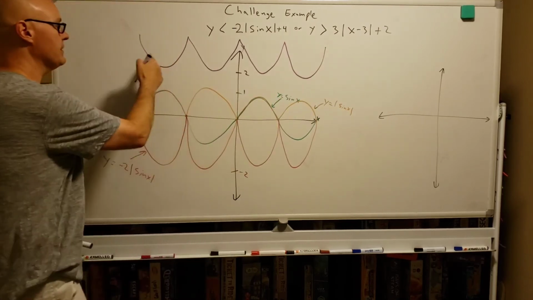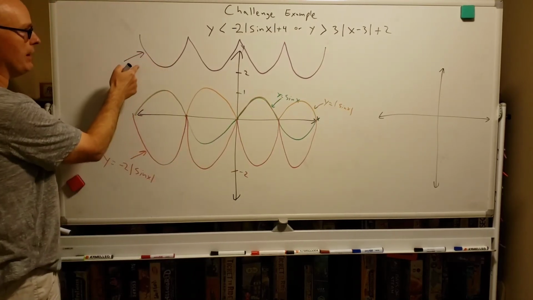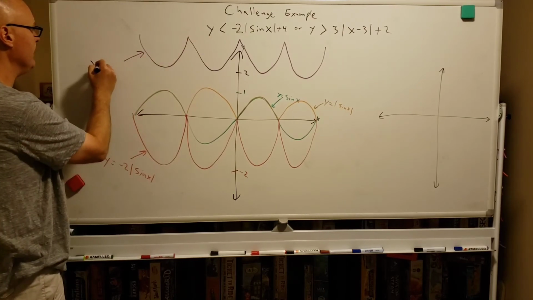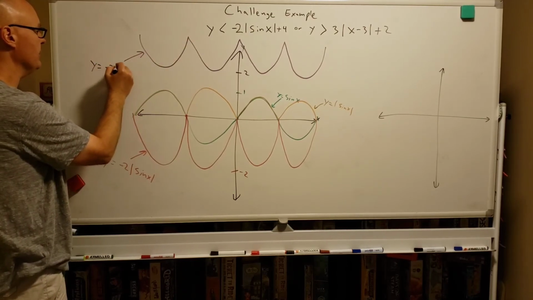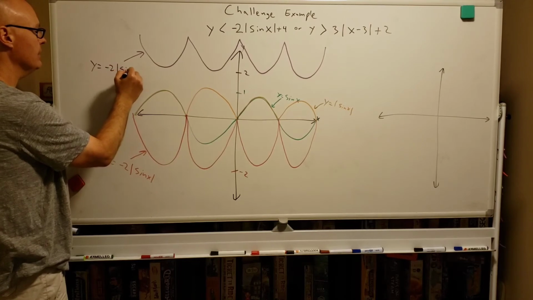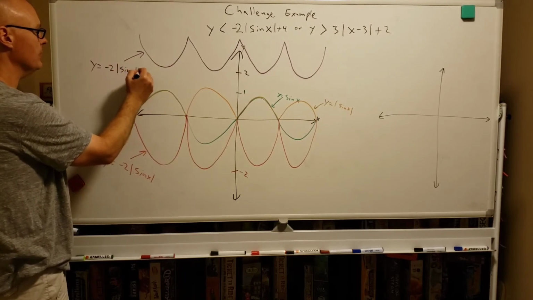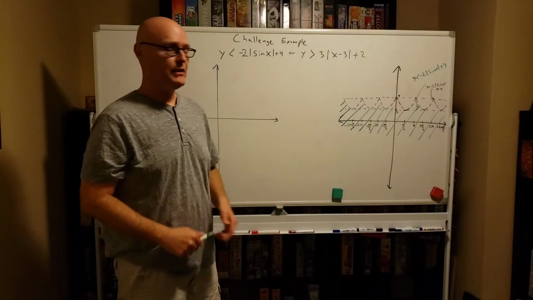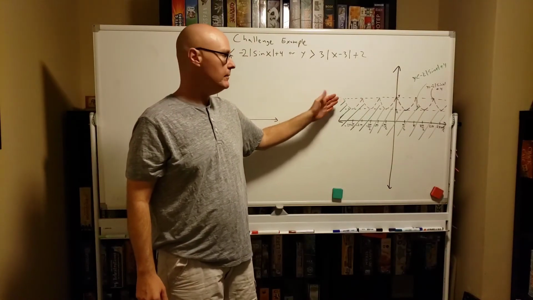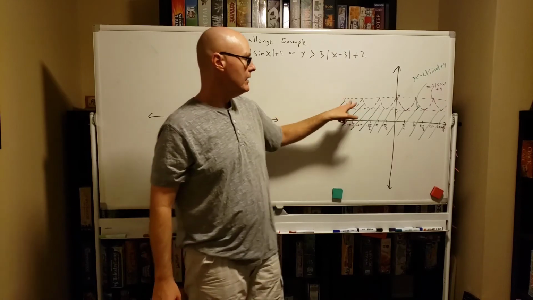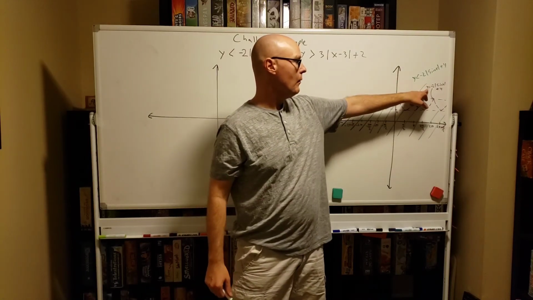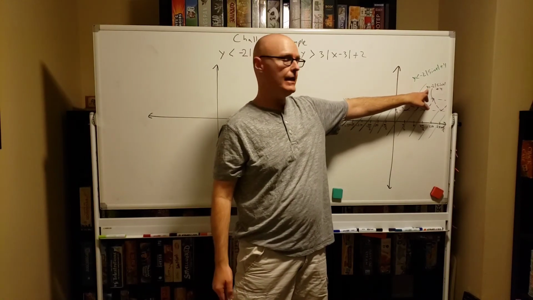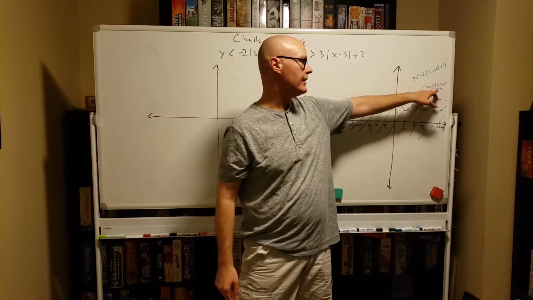All right, so this graph right here is y is equal to -2 absolute value sine x plus 4. All right, so now we've done half of our problem. We now know what the graph of y equal to -2 times the absolute value of sine x plus 4 looks like.